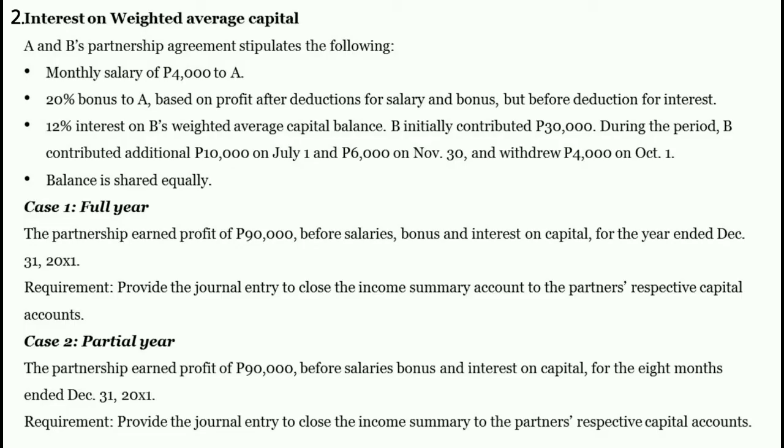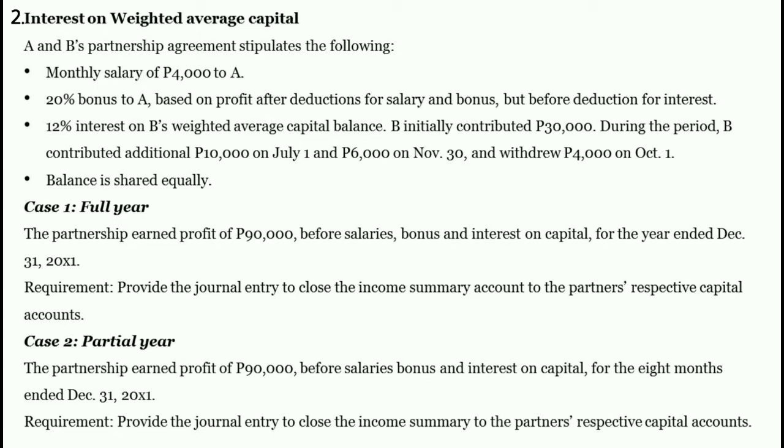B initially contributed 30,000 pesos. During the period, B contributed additional 10,000 pesos on July 1 and 6,000 pesos on November 30, and withdrew 4,000 pesos on October 1. Balance is shared equally.